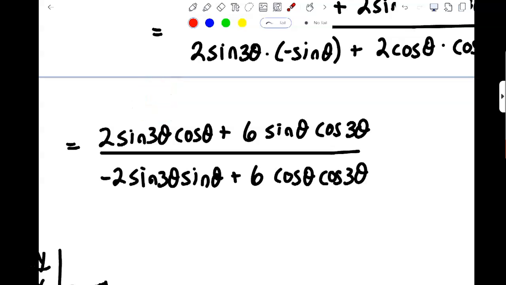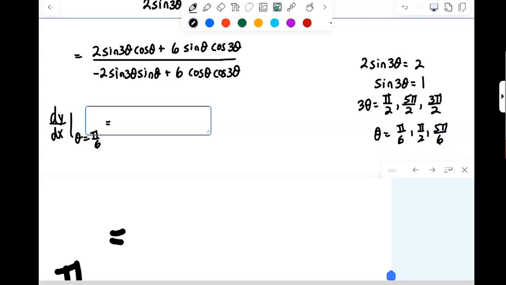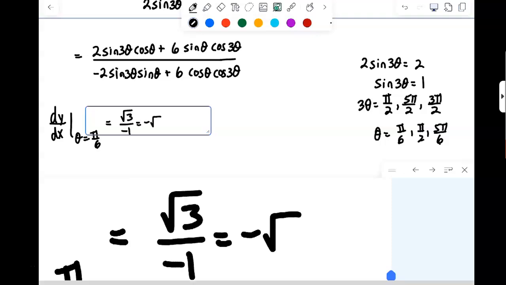On the bottom, again, sine of pi over 6 is 1/2 times the minus 2, leaves us with a minus 1 so far. Cosine of 3 times pi over 6 is also once again 0. The whole thing goes away. So we end up with just square root of 3 over minus 1, or a slope of minus square root of 3.